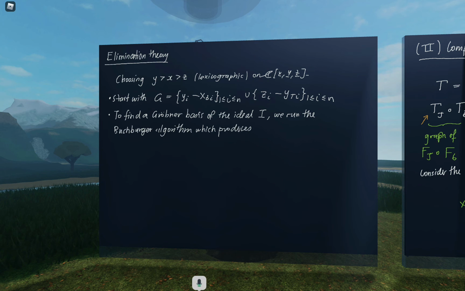But the output is recognizable. It starts with our original equations and gives us those consequences that I just mentioned. So it ends up giving us the original set, but also these relations between z and x.